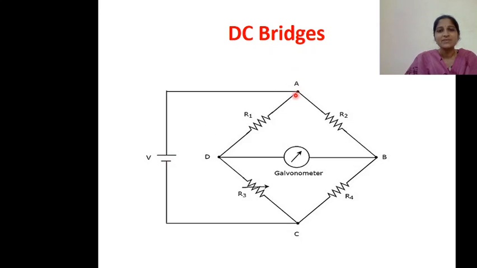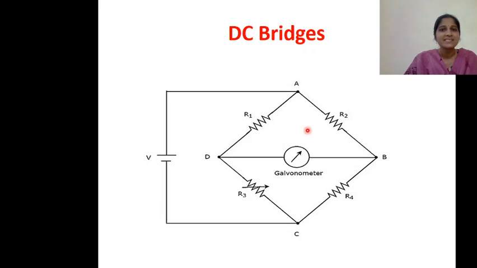So in between two nodes there will be a DC supply and in the remaining 2 arms there will be a galvanometer. Why is this galvanometer used? This galvanometer is used in order to balance the circuit. For a DC bridge there will be four branches, that is four resistors.